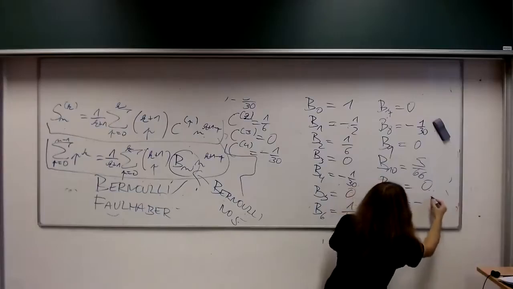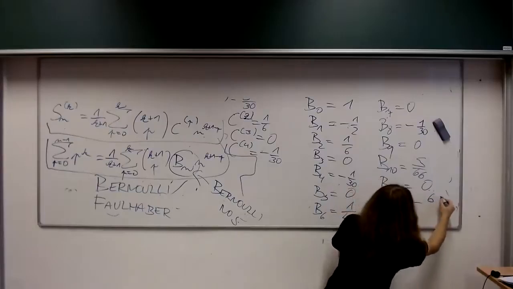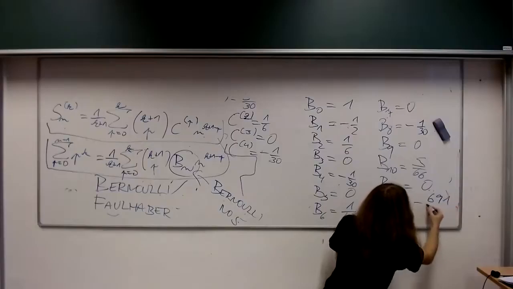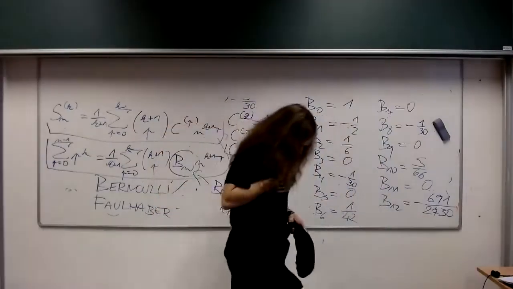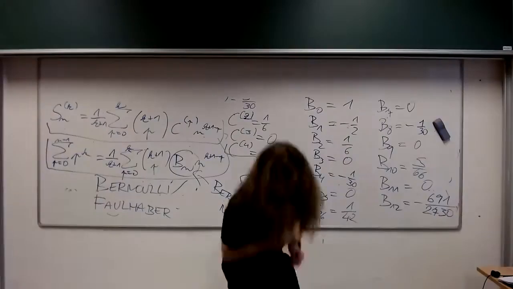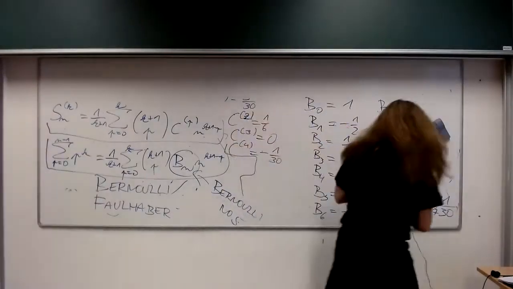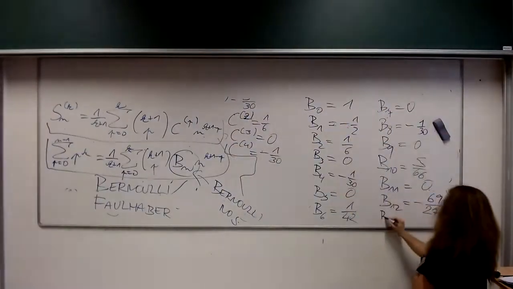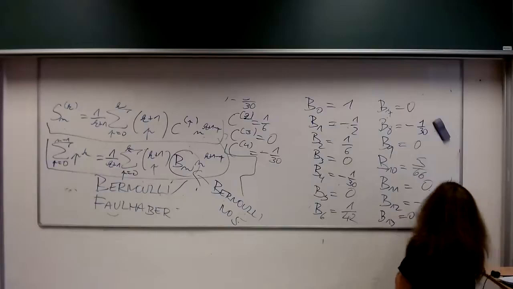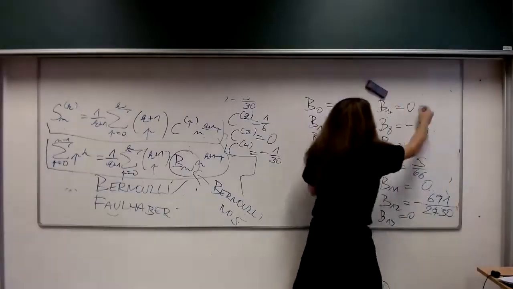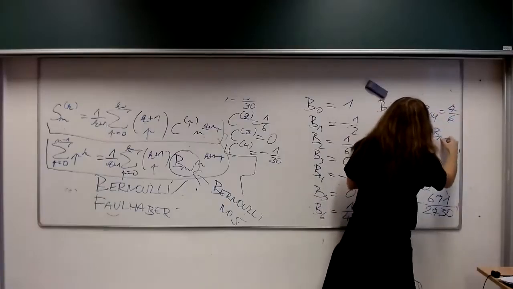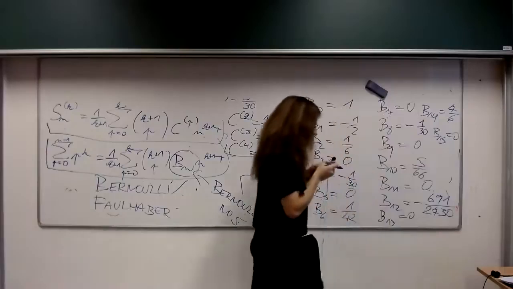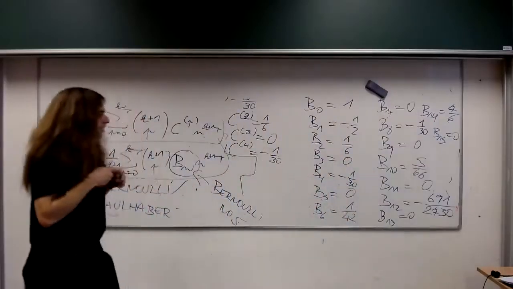Here we have something like 691/2730, I think. Just a weird fraction. B13 is a 0. B14 is 7/6, and so on. This is a 0, and we can continue like that.